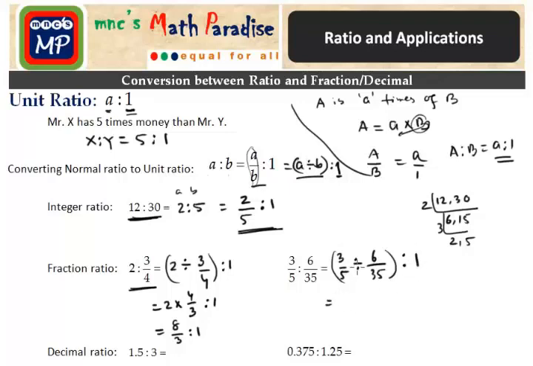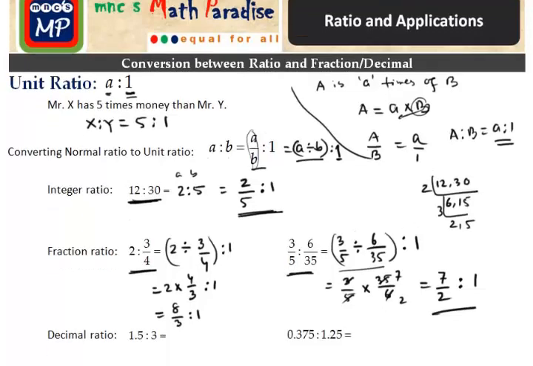Now we need to simplify this part. 3 divided by 5 times 35 divided by 6. 3 and 6 will give 2, 5 and 35 will give 7. So it will be 7 divided by 2 ratio 1. So this is the unit ratio corresponding to this given ratio.